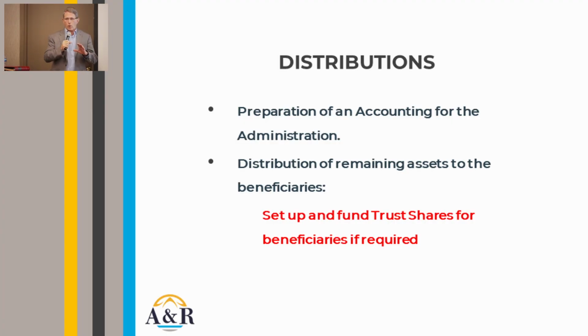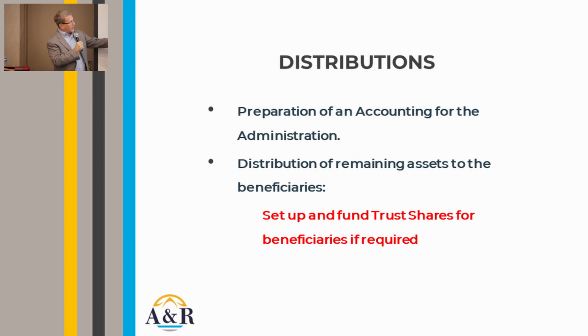Distributions. So when we feel that the claims have been paid, we know what the assets of the estate are, then we're going to distribute the assets to the beneficiaries. And sometimes that's going to be an outright transfer, goes in the name of the beneficiary, they put it in their own accounts.